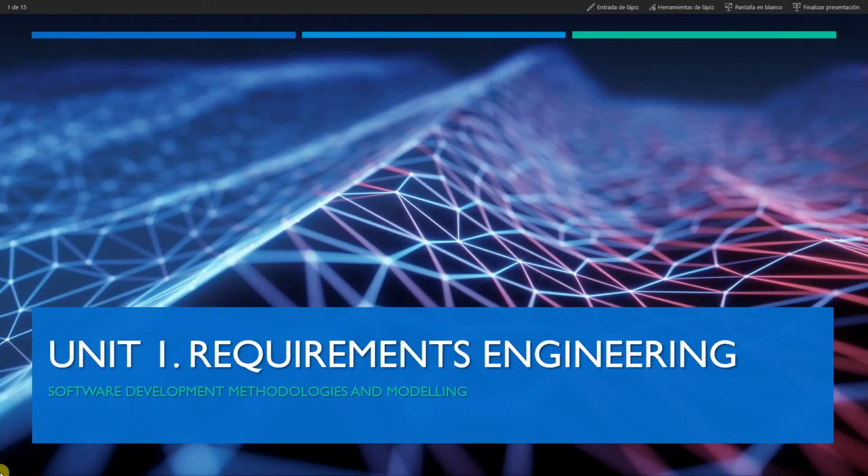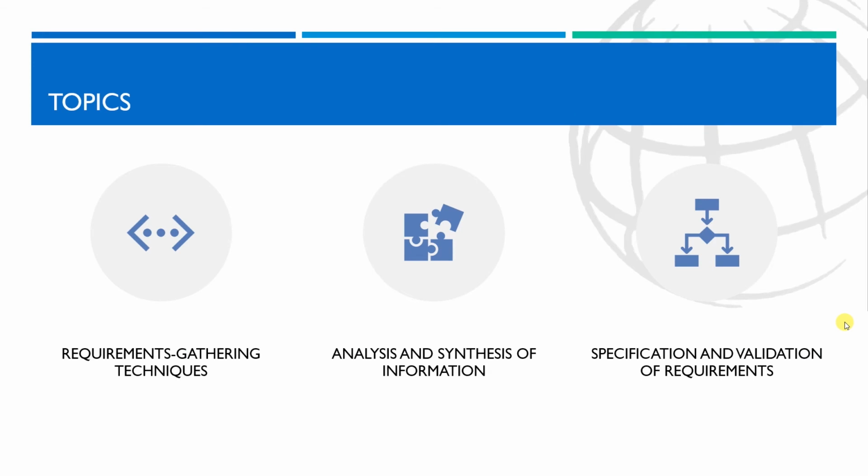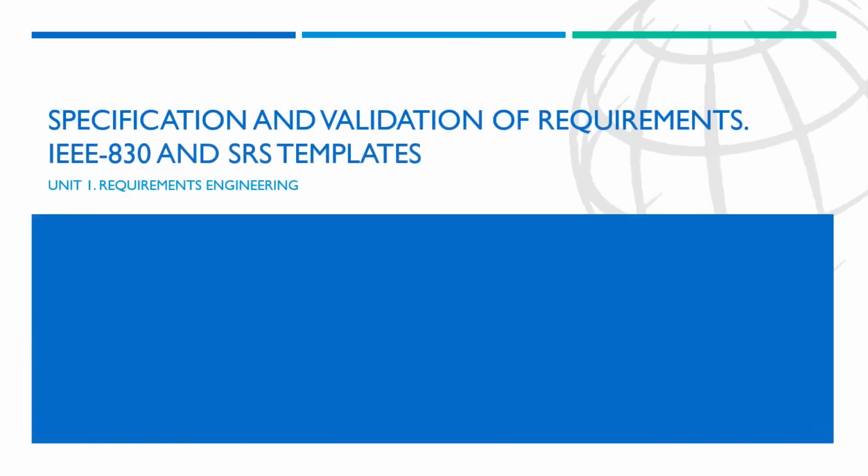Hi guys, welcome again to Unit 1, Requirements Engineering. We continue with the third topic. This is about specification and validation of requirements, and we focus on the standard of the IEEE 830.